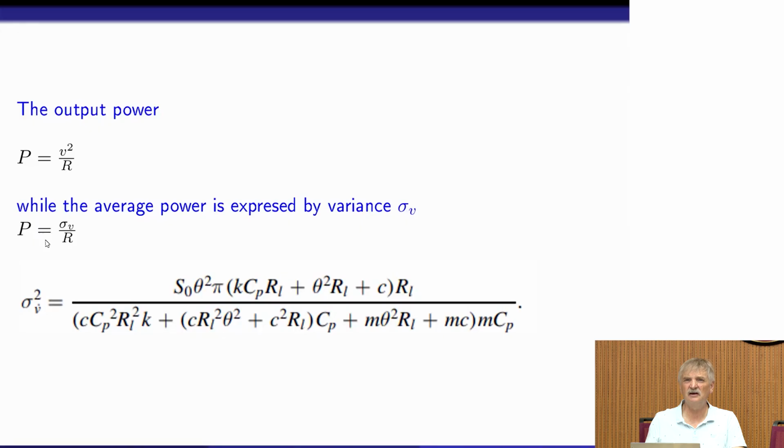If you take the average, you have the standard deviation, which is squared, divided by R, and you have a formula which is linear, from the linear system. This was obtained from the manipulation by Fourier transform.